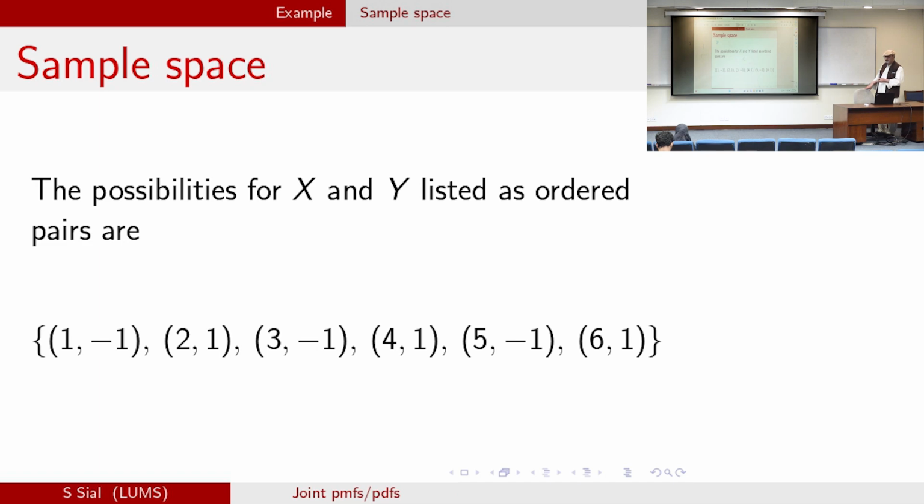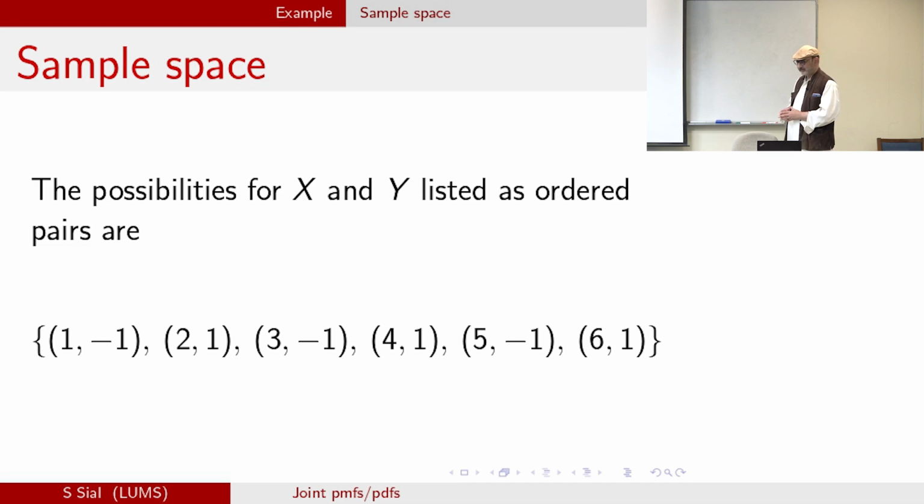If we rolled a 2, then x is 2, and because 2 is even, the value y is +1, and so on for all the ordered pairs, right? The first entry in the ordered pair tells you what the roll was, and the second entry tells you whether that's an odd result or an even result. And that gives you all the possibilities for x and y listed as ordered pairs. Okay?